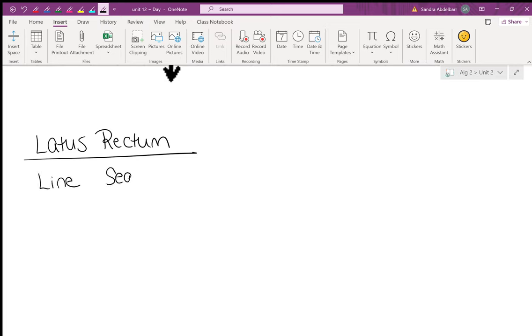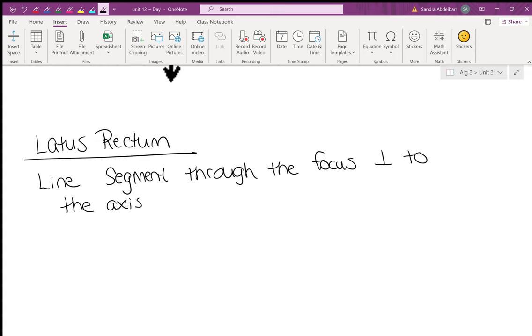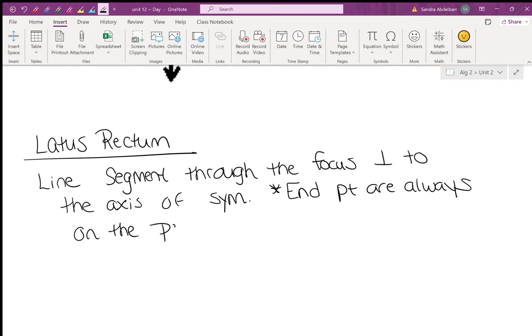A line segment through the focus perpendicular to the axis of symmetry, the endpoints are always on the parabola. Write it down and then we'll go back up to our graph.